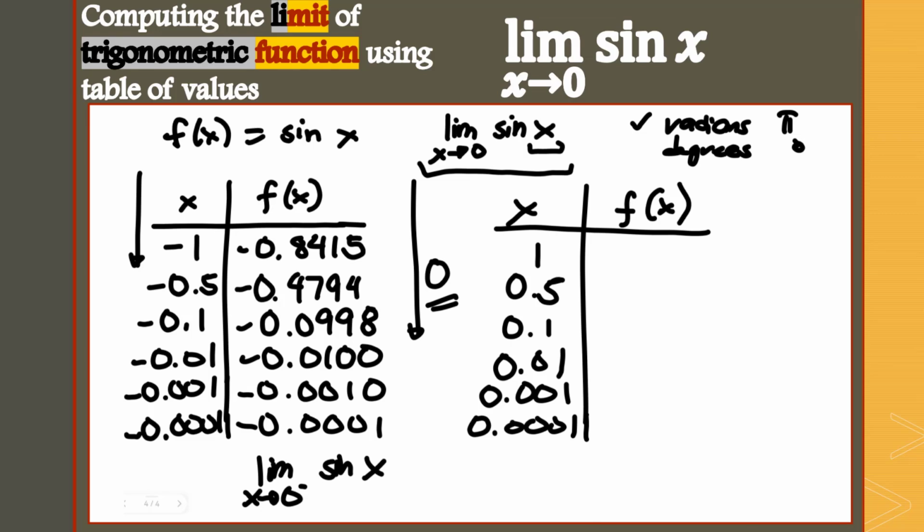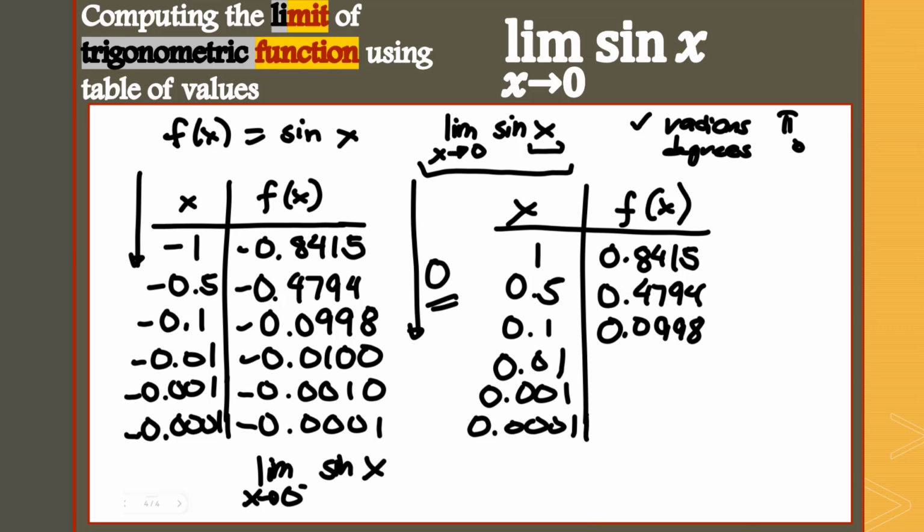So you will have 0.8415 approximately in 4 decimal places. For 0.5, plugging that in your calculator, you have 0.4794. For 0.1, you will have 0.0998. So obviously, it's the positive of the first table.